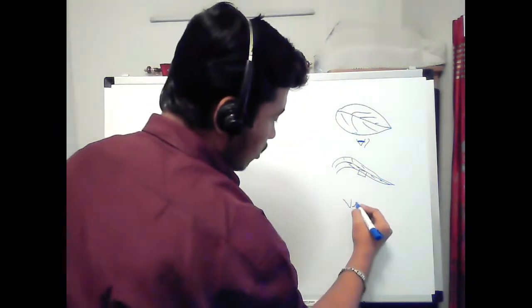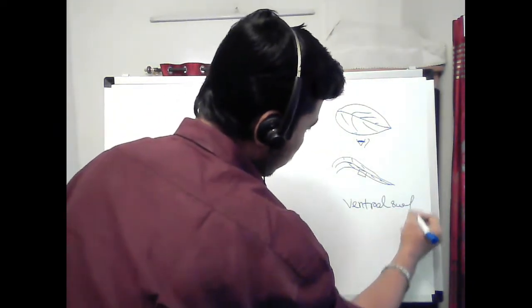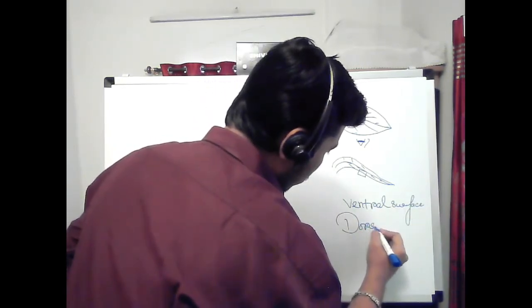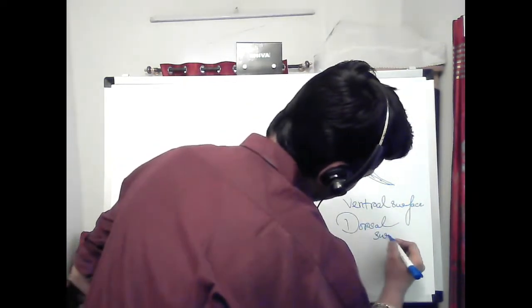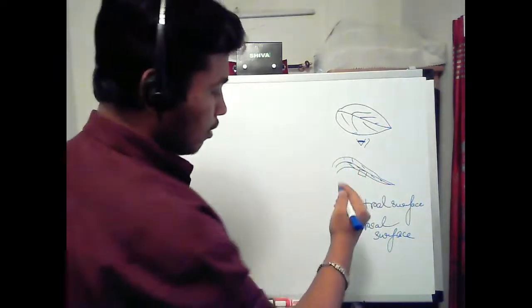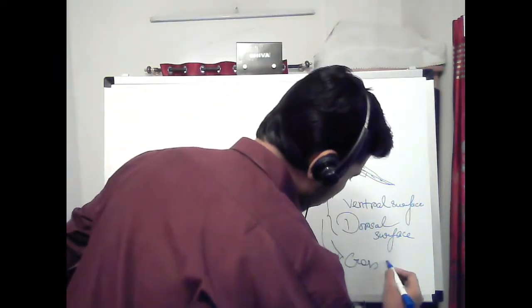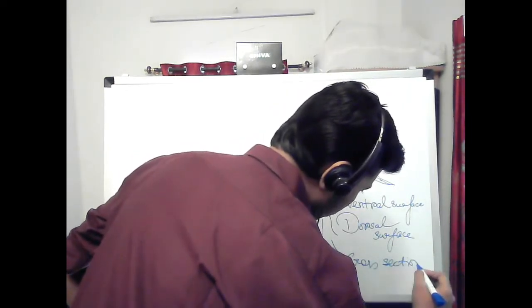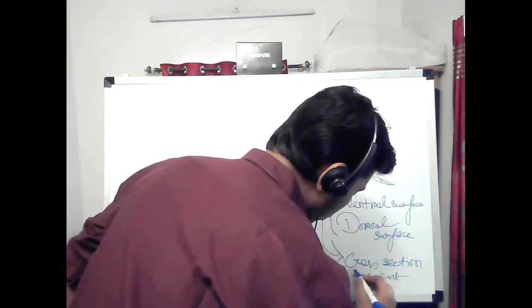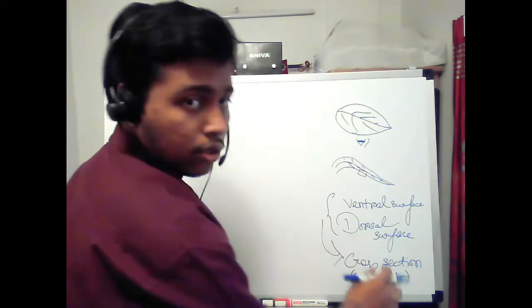Ventral means the upper part. Both of them are going to be present in the cross section.